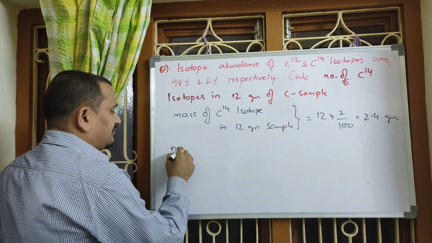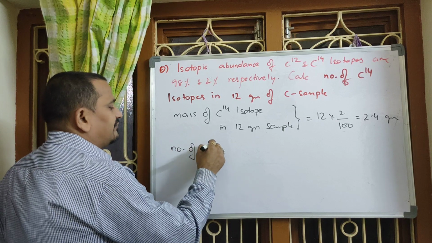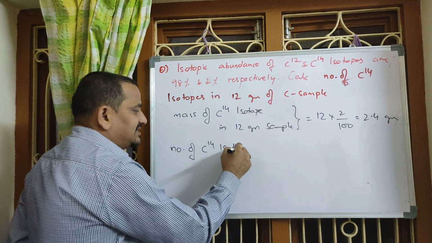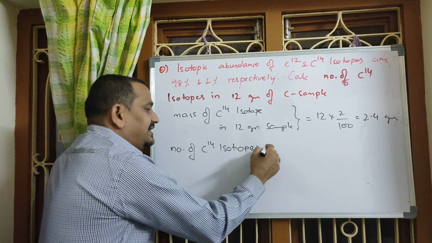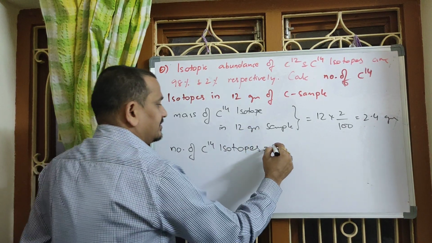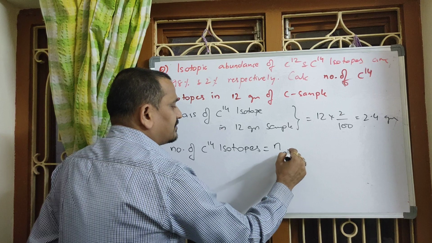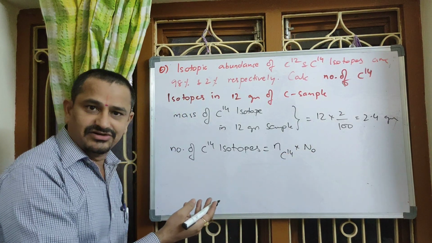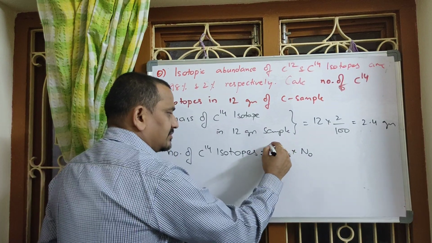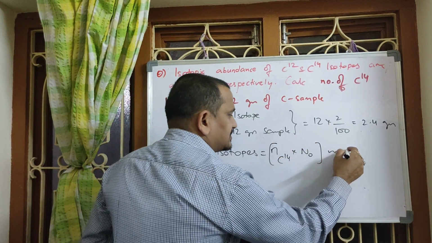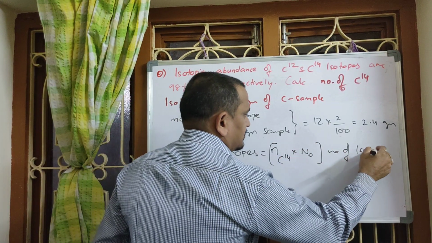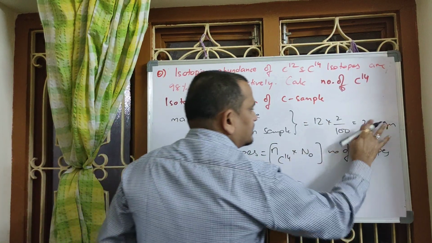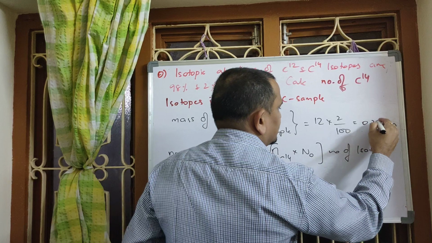Then the number of carbon 14 isotopes can be calculated as number of moles of carbon 14 isotopes into Avogadro number. You know this relation, right?